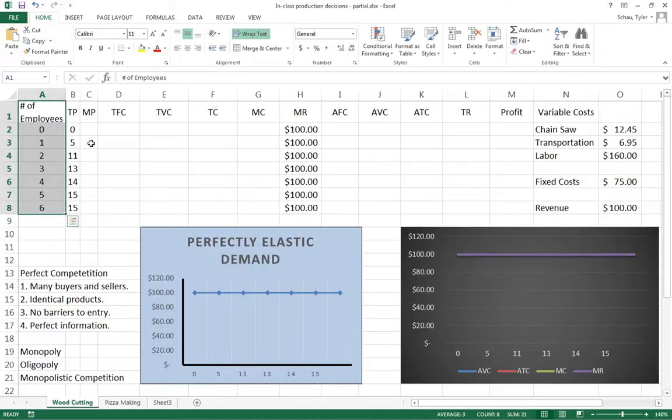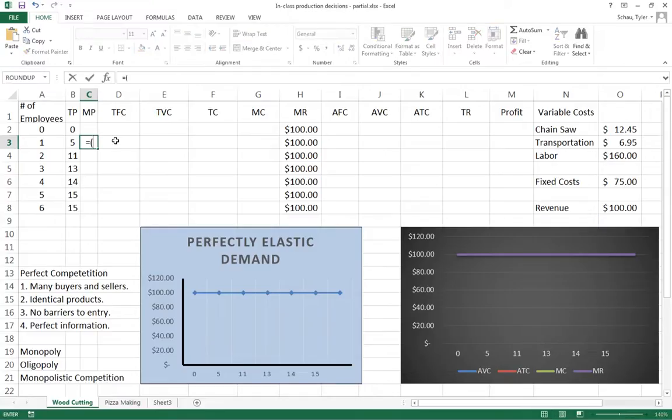So we calculate marginal product. We're looking at how much product that extra employee added to the business. So here we're looking at change in total product of 5 from 0, and we're going to divide that by change of employees of 1 from 0. Okay, and so we get a marginal product of 5.